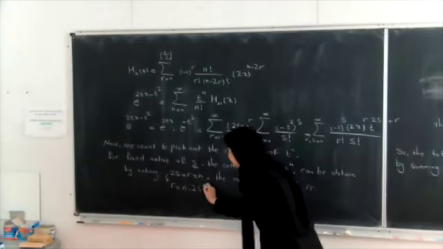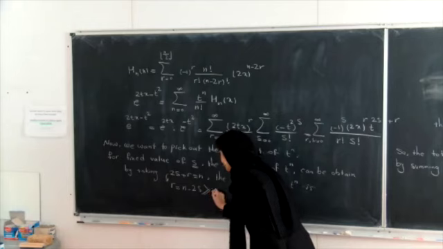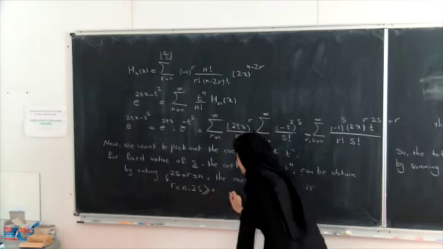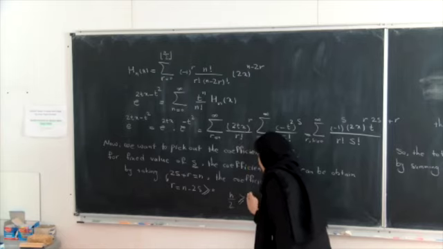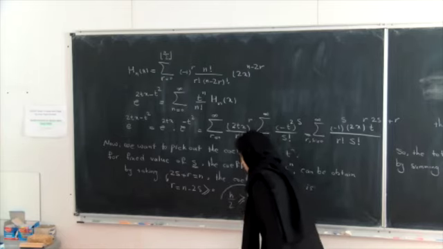We know that r is bigger than or equal to 0. So here we have n half bigger than or equal to s.